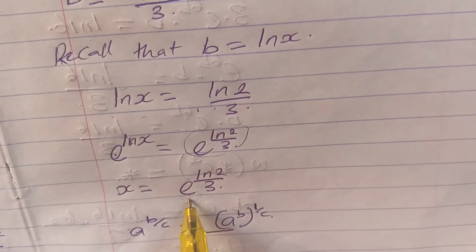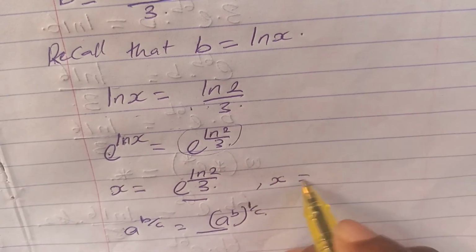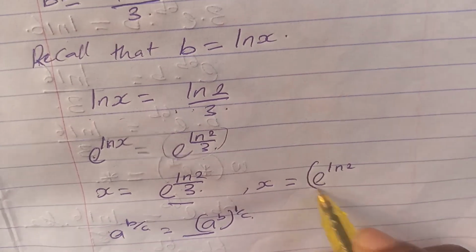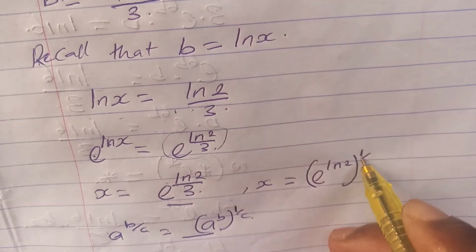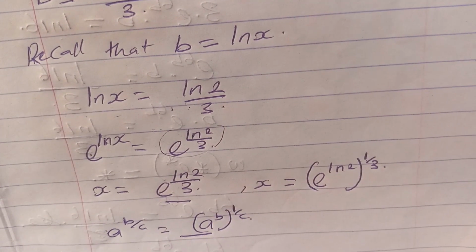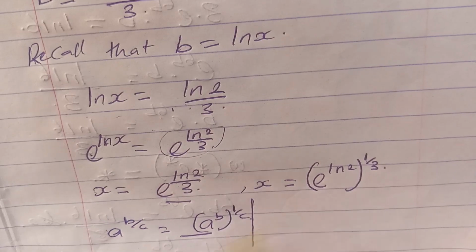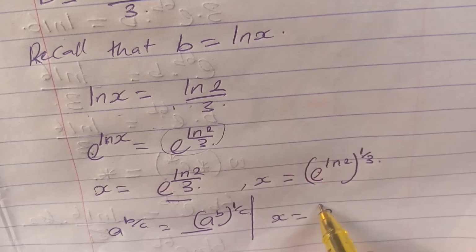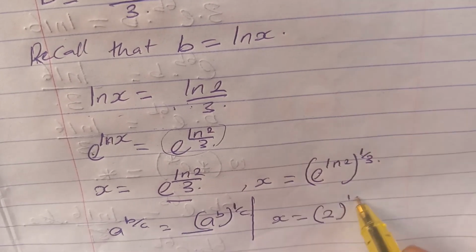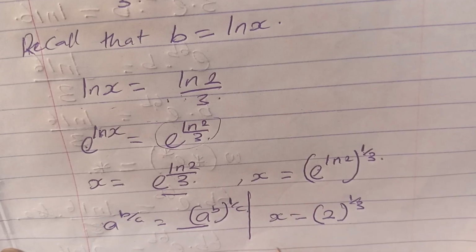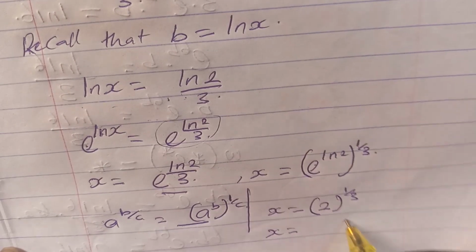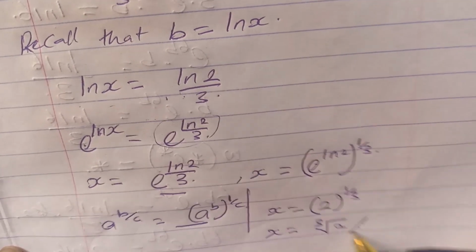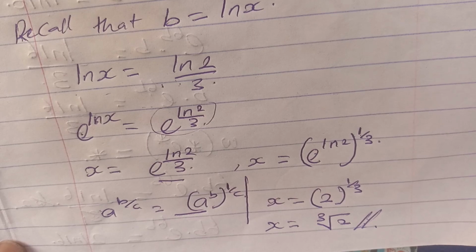So if we put this principle here, x is equal to exponent of ln 2, all to the power of 1 over 3. This exponent will cancel off this ln. So x is equal to 2 to the power of 1 over 3. Therefore, our x is equal to cube root of 2. So this is the value for x.